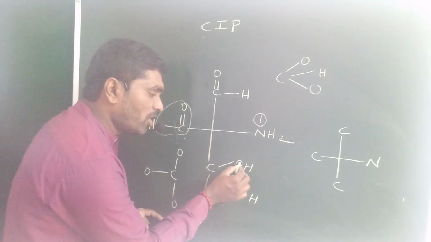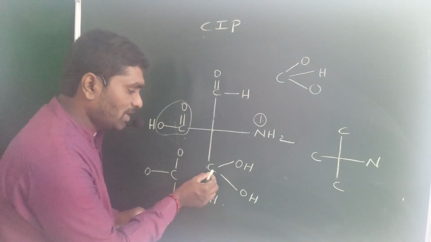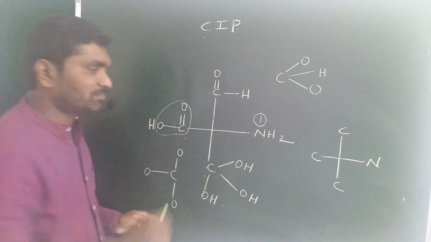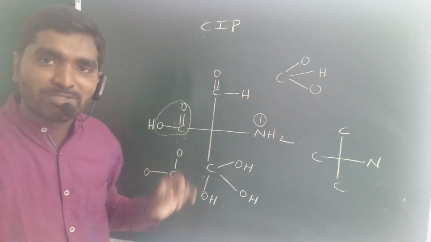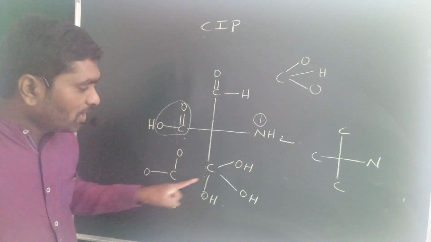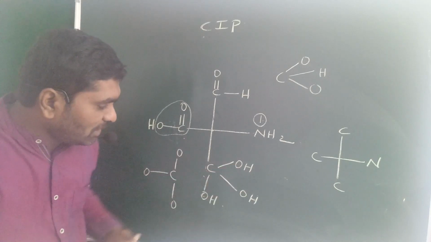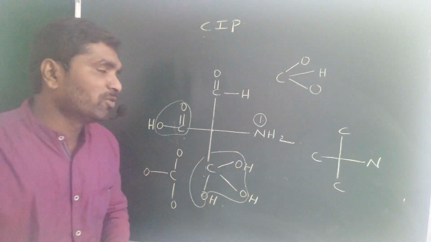The carbon which is bonded with 3 oxygen atoms: carbon, oxygen, oxygen, oxygen. Look at this one. So 2 oxygens, 1 hydrogen. Left side carbon, 3 oxygen atoms. Below the plane carbon, again 3 oxygen atoms, which is a higher priority group.